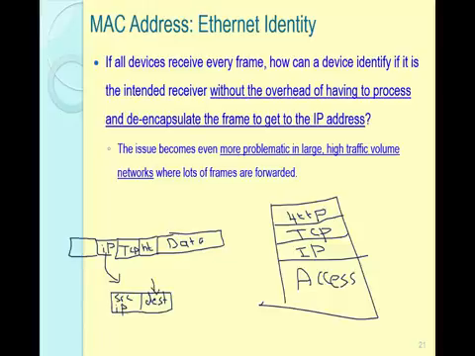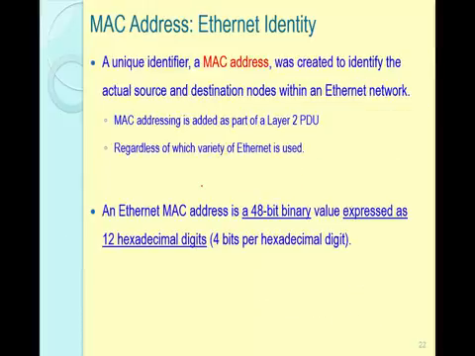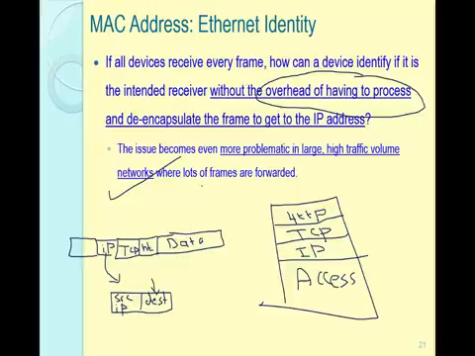This is possible in theory. The problem is it's going to introduce a large amount of overhead to process each IP packet, to decapsulate each IP packet to look inside it. And this is going to be even more exaggerated when you have large amounts of traffic. So as a solution, that's not how the network access handles the problem.